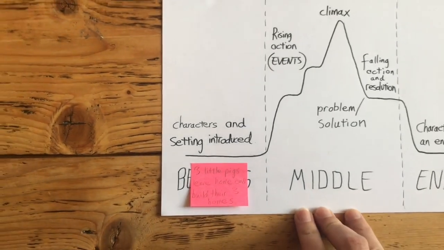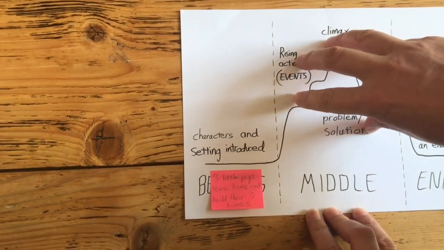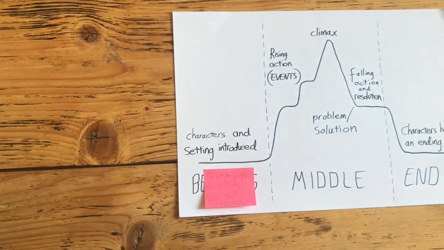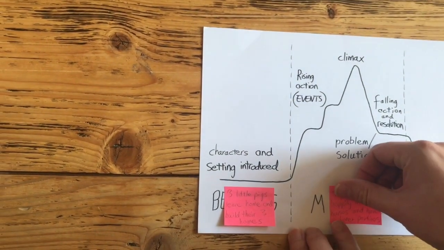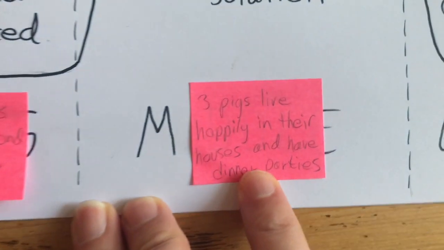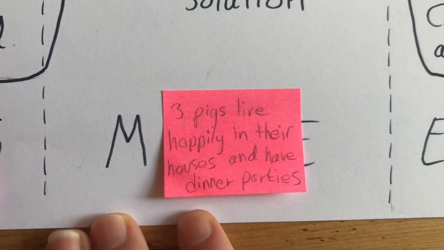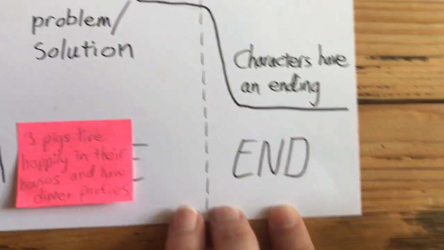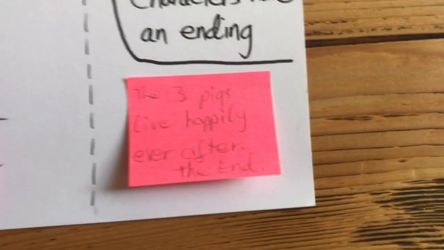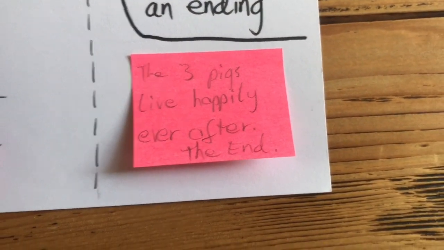Now remember, we don't have any of this exciting stuff. So maybe the middle would just be the three pigs live happily in their houses and have dinner parties. And then the ending would be the three pigs live happily ever after, the end.